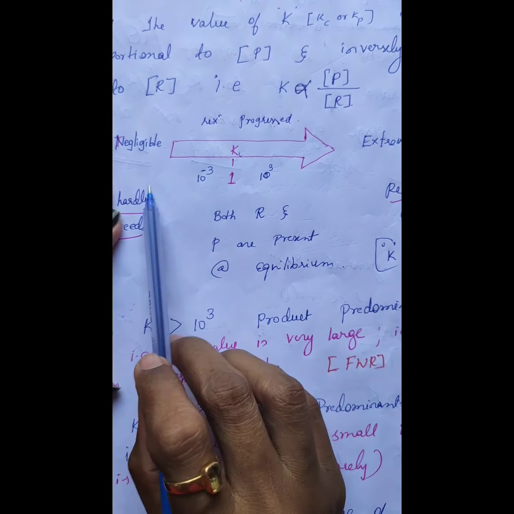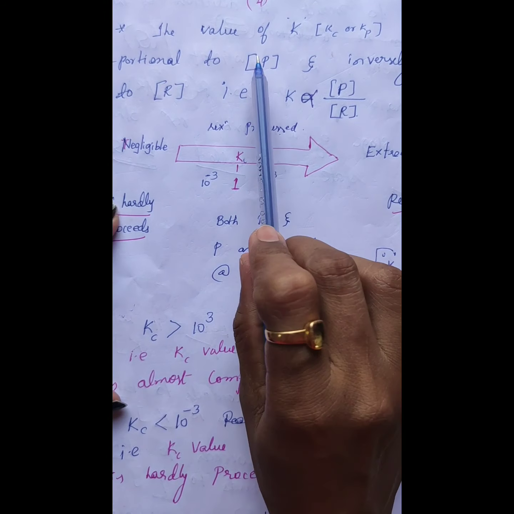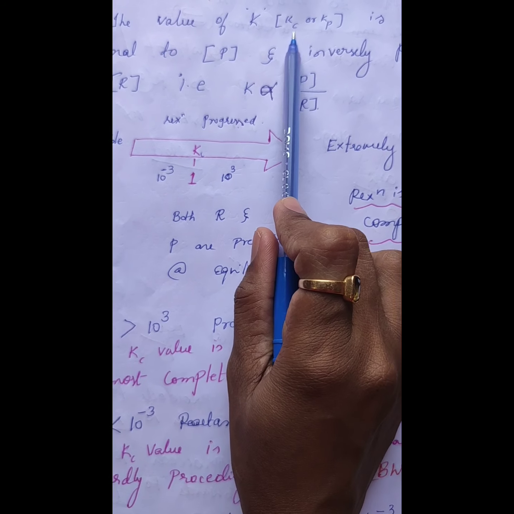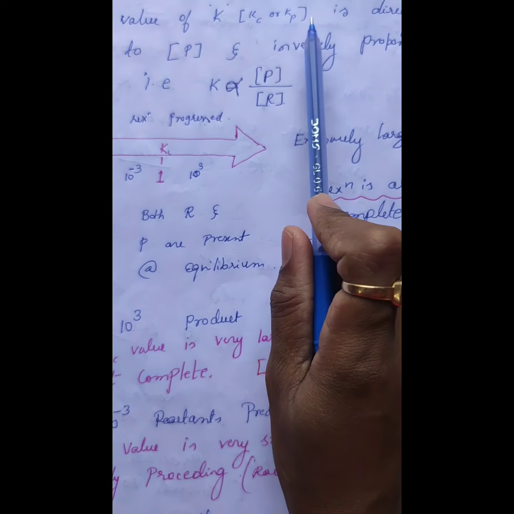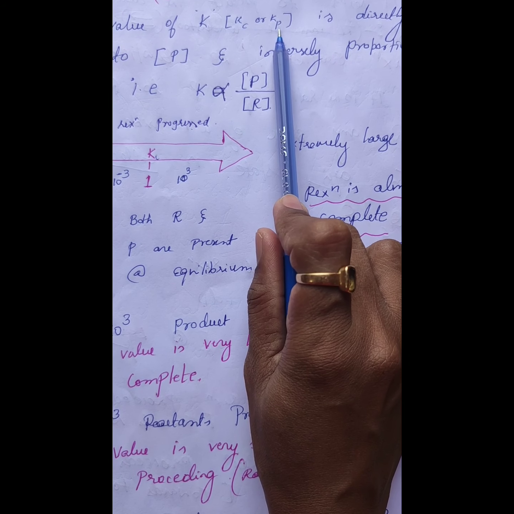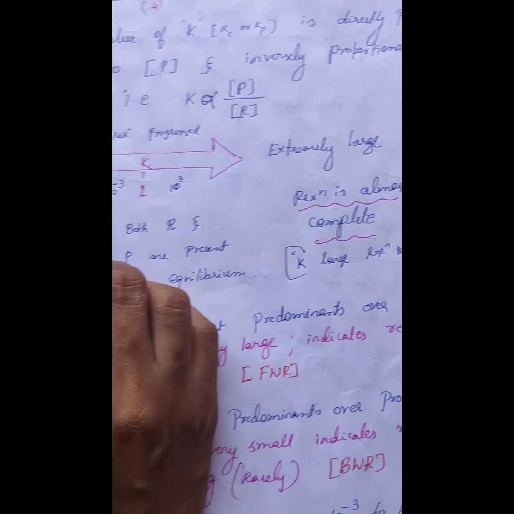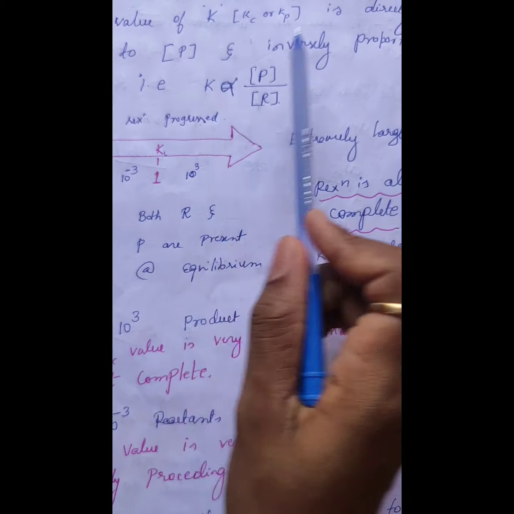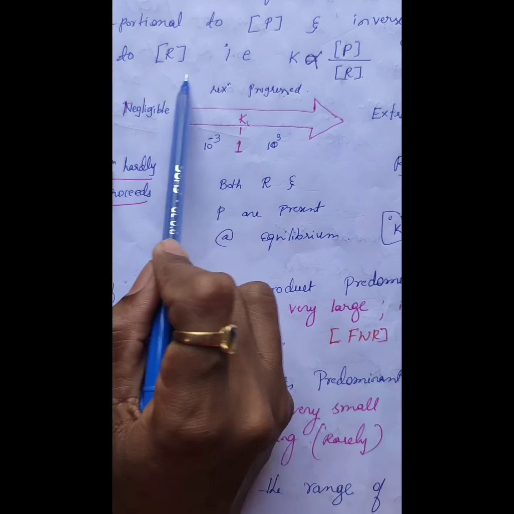Consider a reaction. Before that, the value of K, that is the equilibrium constant, can be expressed in terms of concentration as Kc, and in terms of pressure as Kp. The value of K is directly proportional to the concentration of the products, and inversely proportional to the concentration of the reactants.